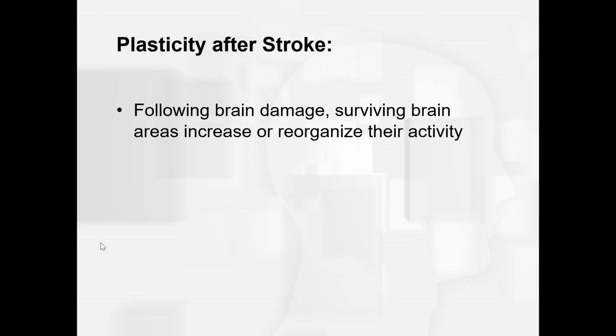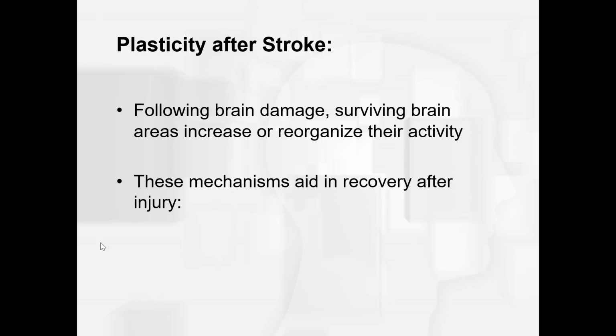And so that's plasticity. That's because the surviving brain areas are going to reorganize their activity to reinnervate those areas that were damaged. So some simple mechanisms that aid in this recovery after injury are the regrowth of axons and axon sprouting, or collateral sprouting.